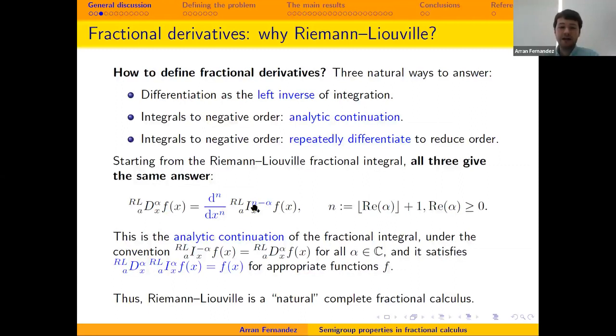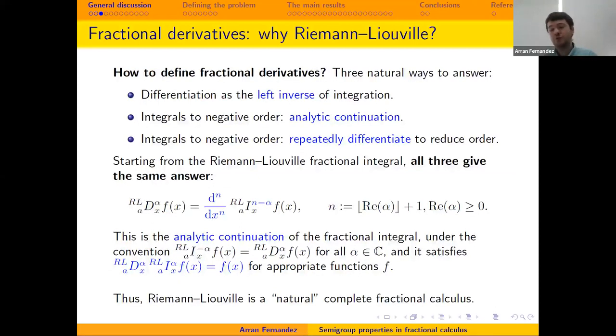So you reduce by n minus alpha minus n. This would be the integral to order minus alpha. So you have this convention, integral to order minus alpha is derivative to order alpha, and then this is the analytic continuation of the fractional integral. Analytic continuation, of course, is unique, so this gives a justification of the Riemann-Liouville derivative as, in some sense, the only natural extension of the Riemann-Liouville integral.